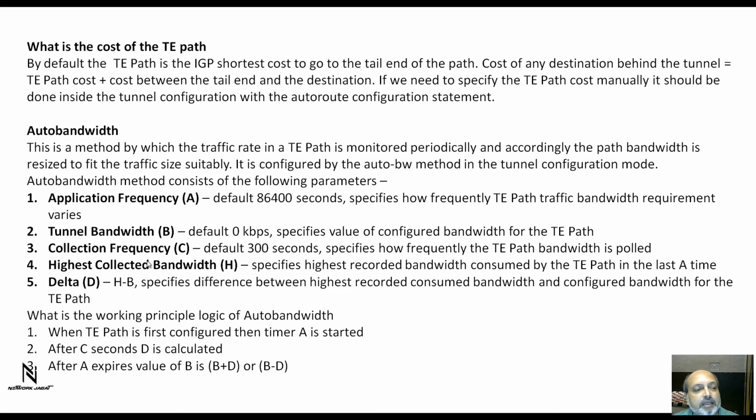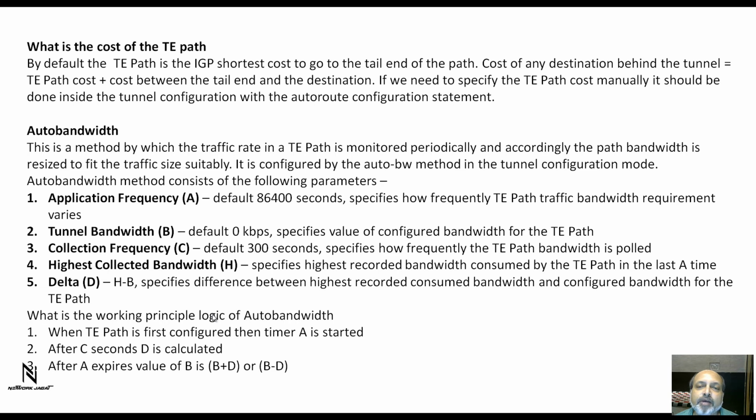Now, if the highest collected bandwidth is lesser than the tunnel bandwidth, then the delta value, or H minus B, will always be negative. So when we are subtracting, B minus D, we are actually shrinking the tunnel bandwidth. Why? Because we have seen that we don't need so much bandwidth, since the highest collected bandwidth is lower than the actual tunnel bandwidth. So the amount by which it is lower, we shrink the tunnel by that amount.